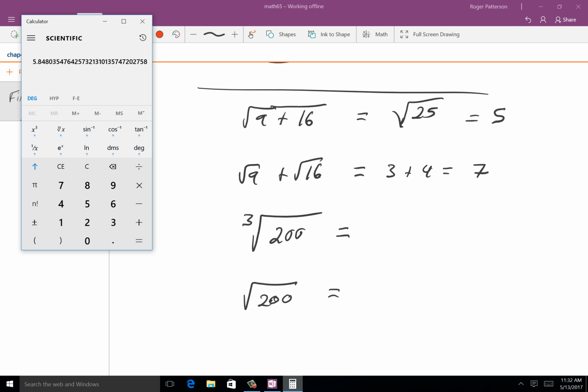See if I can switch this. Is it just a math and then what? Isn't it in there? If you go math and then num, does it show the cube root down there? It's just letters.